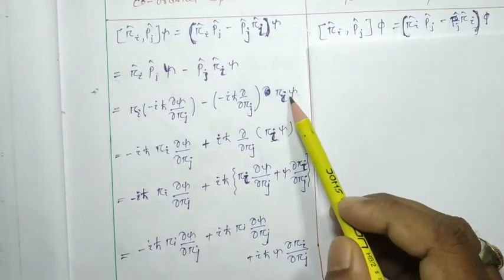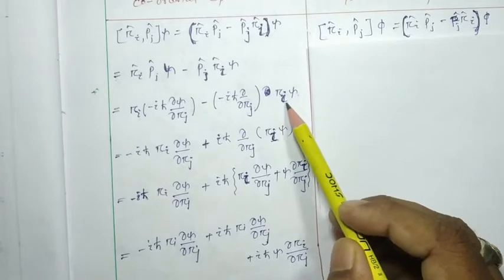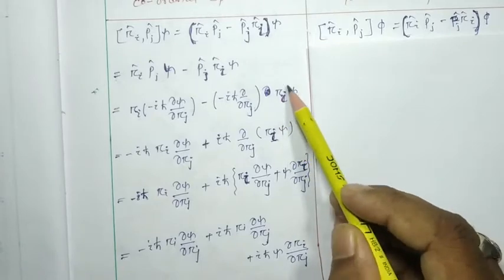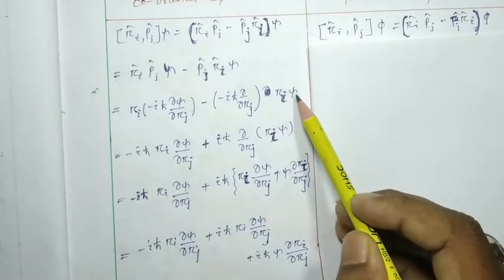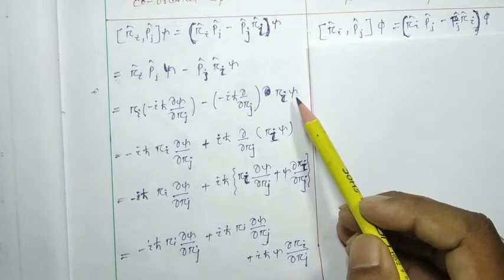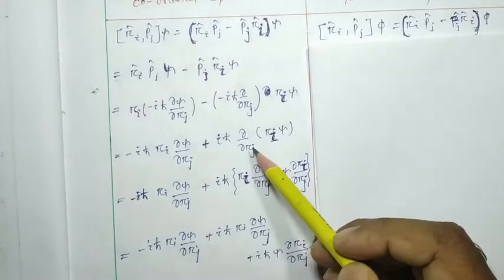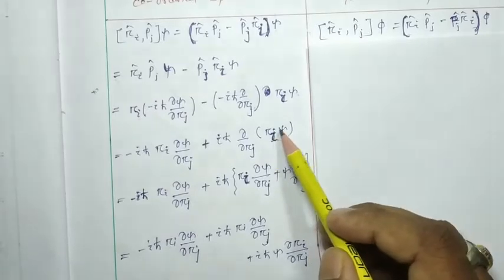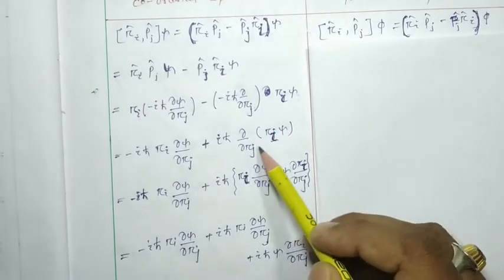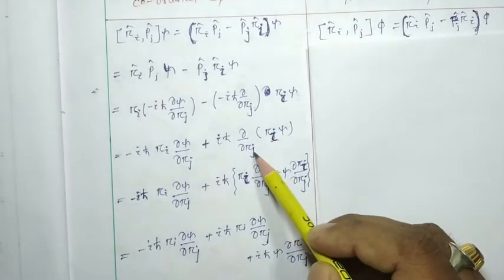Here Ri represents a position, psi also represents a function of xyz. Here Rj also belongs to position or distance. That means both are functions of distance.